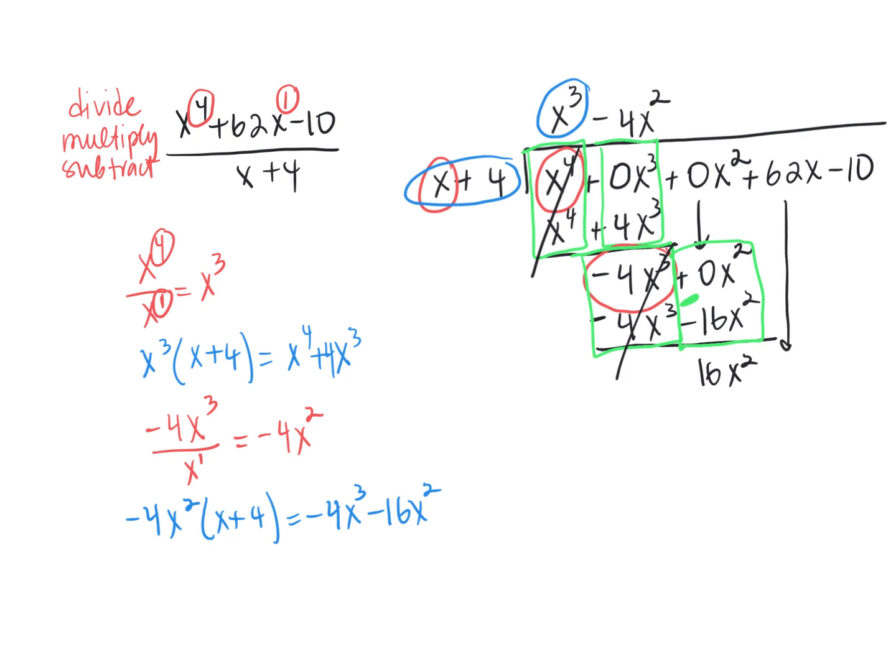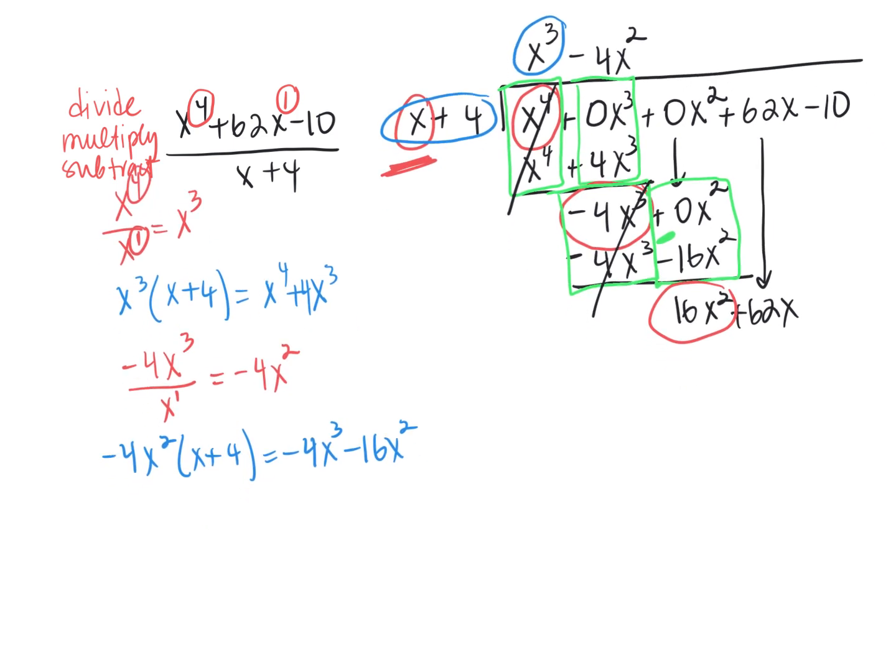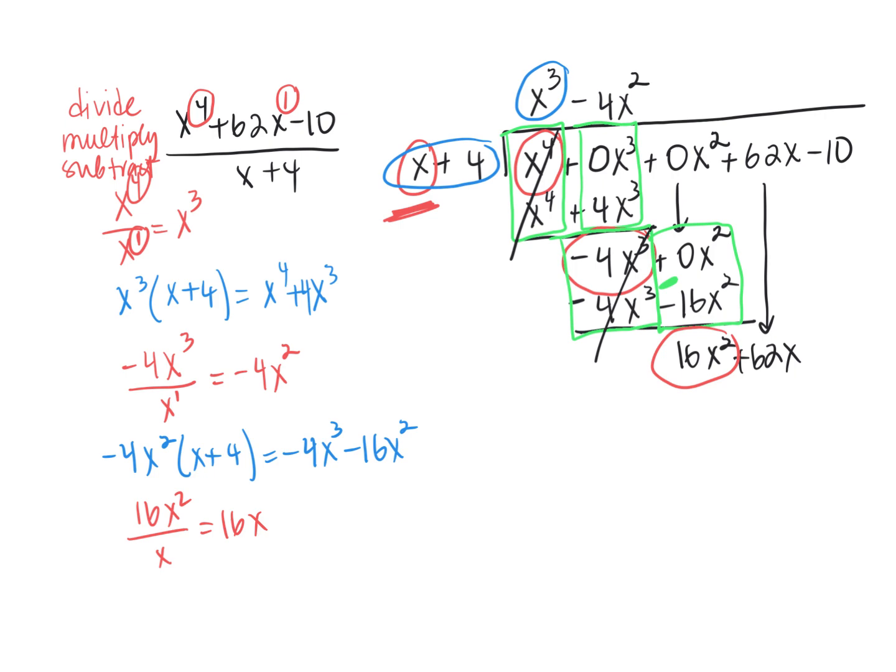Now we bring the next term down, and that's a 62x. And now we repeat our steps. So we take the front and divide it by the same x that I circled originally. So 16x to the power of 2 divided by x, and that gives me 16x. This goes to the top. And now we take 16x, we multiply it by the circled x plus 4 in blue.